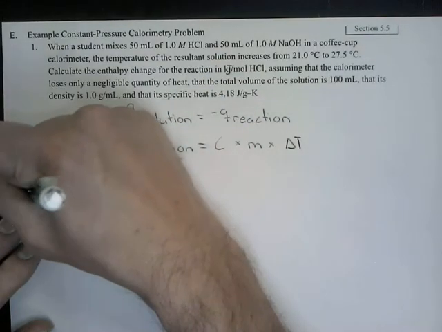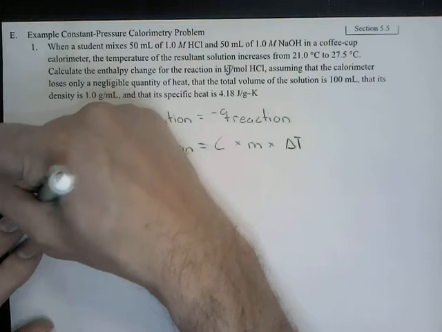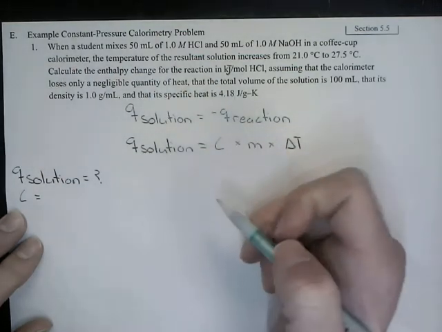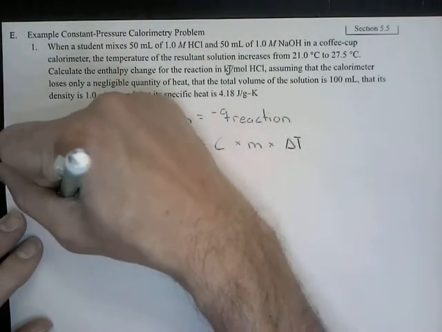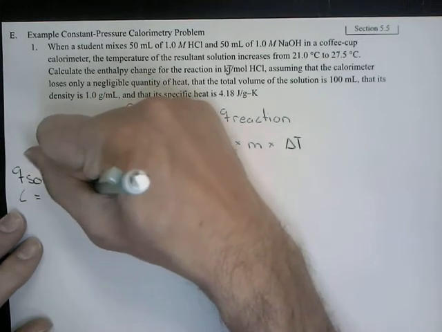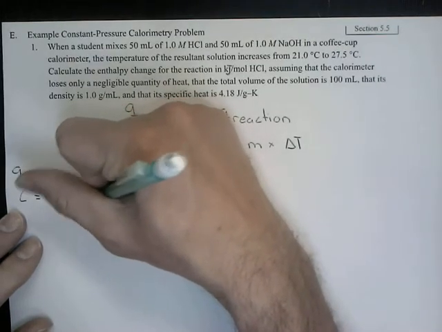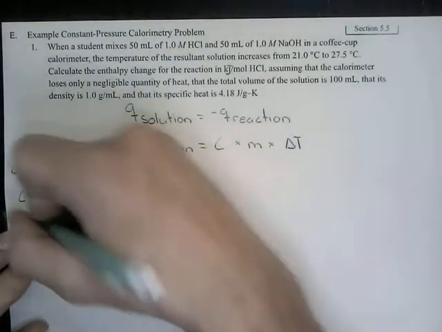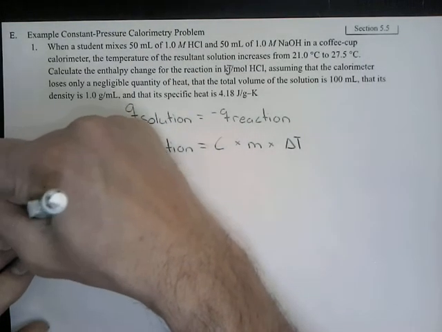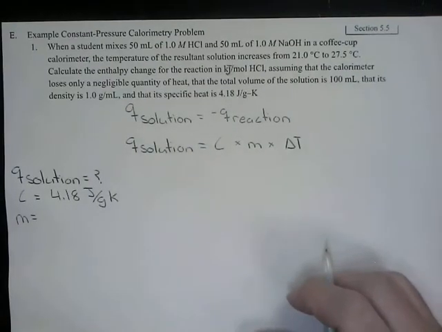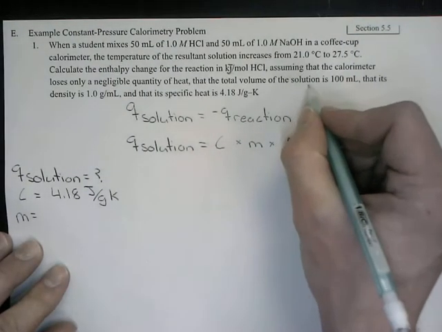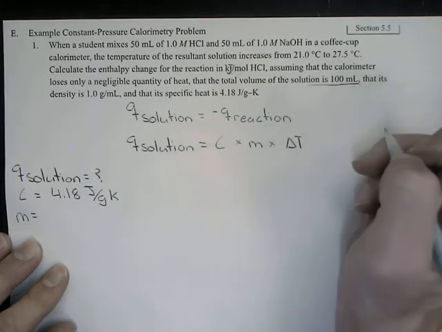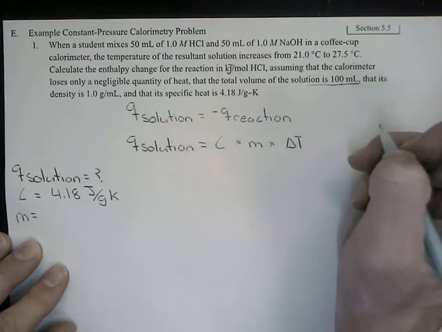Now, our C of the solution is listed here in our problem, which is 4.18 joules per gram Kelvin. And then our mass. If we read carefully, our mass is not given, but we are given the volume of the solution to be 100 milliliters and its density.